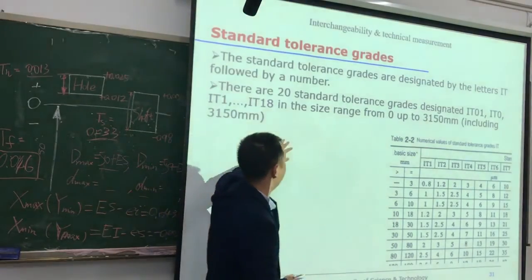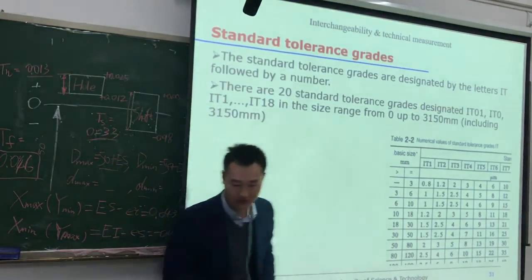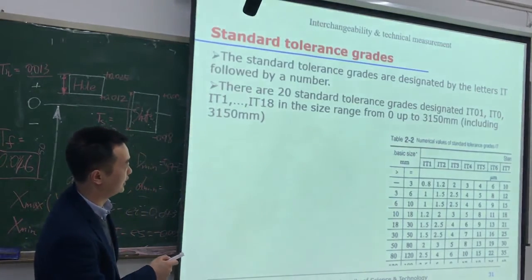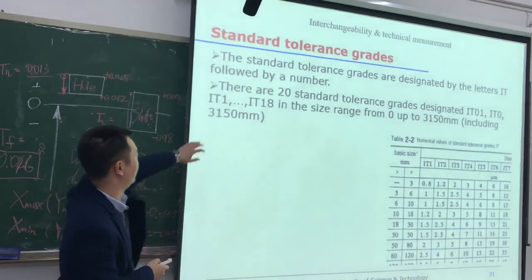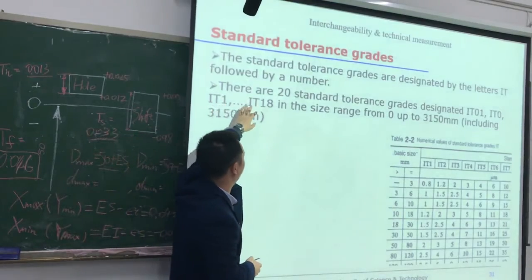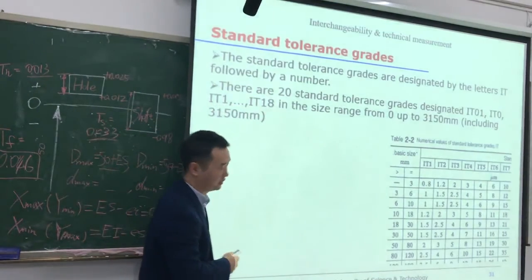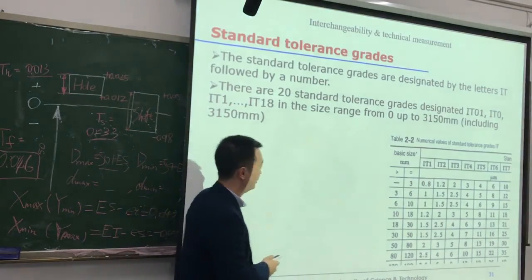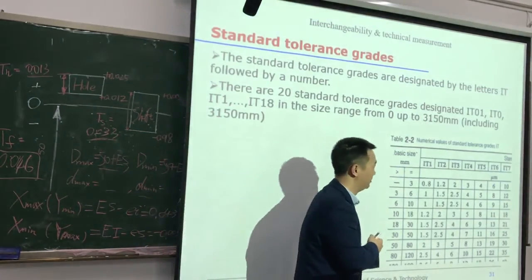There are 20 standard tolerance grades designated IT01, IT0, and IT1 to IT18 in the size range from 0 up to 3,000 millimeters.